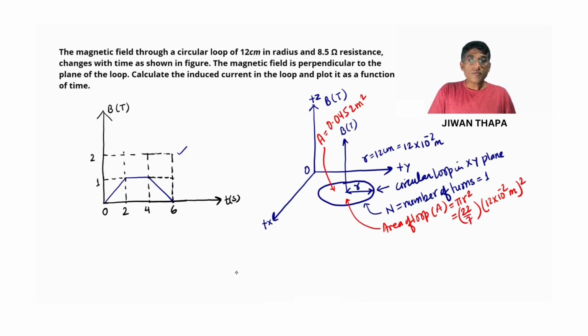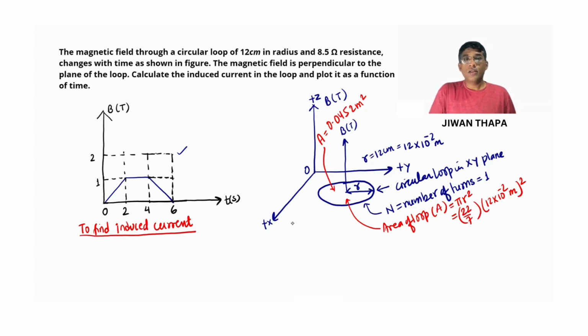Now we are asked to calculate the induced current in the loop. So what we do to find the induced current?